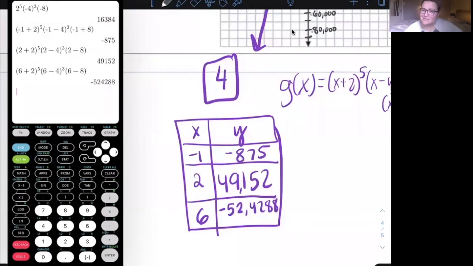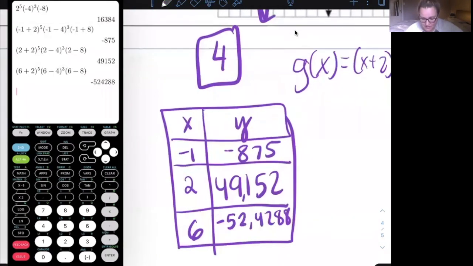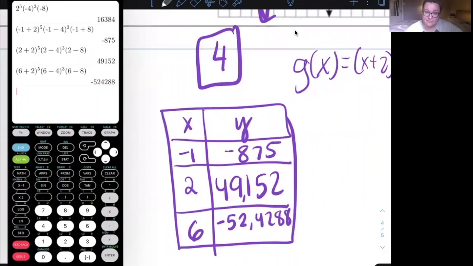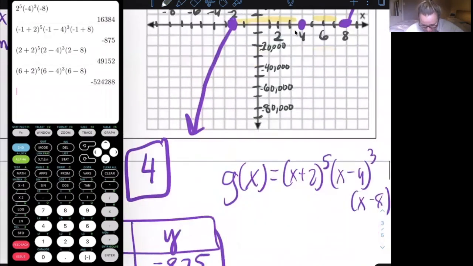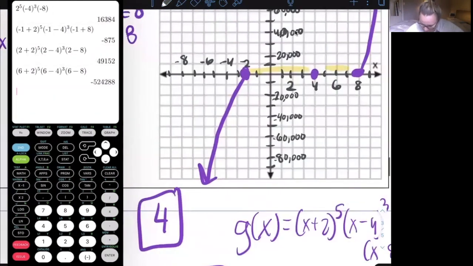So once again, we get some pretty wild numbers. I got negative 875 for -1. I got 49,152 for 2. And I got negative 524,288.